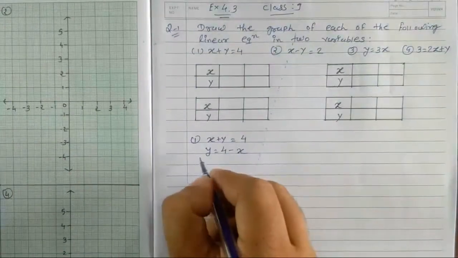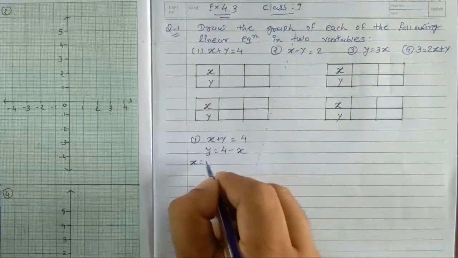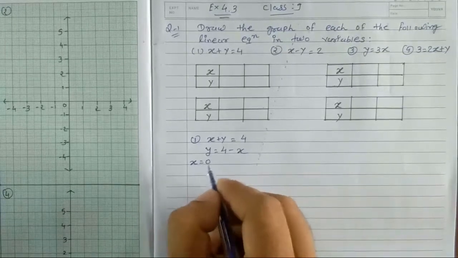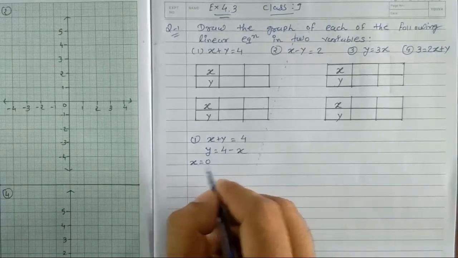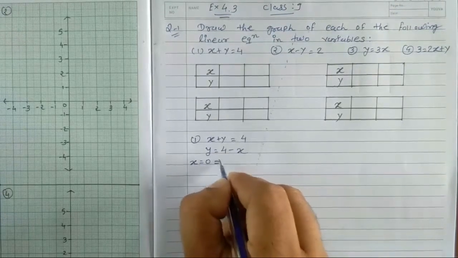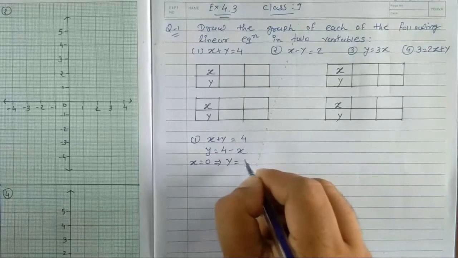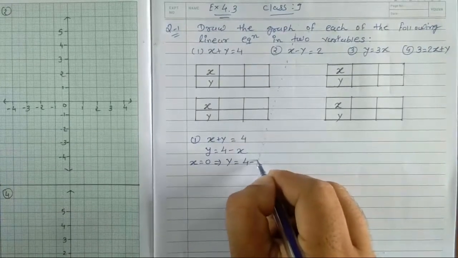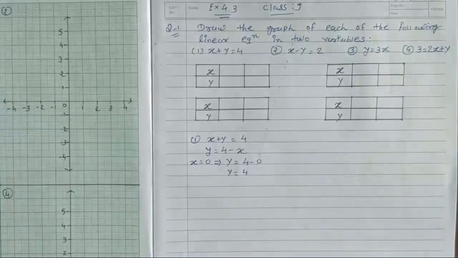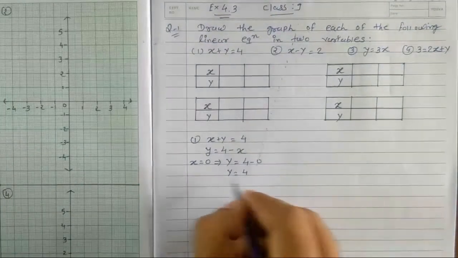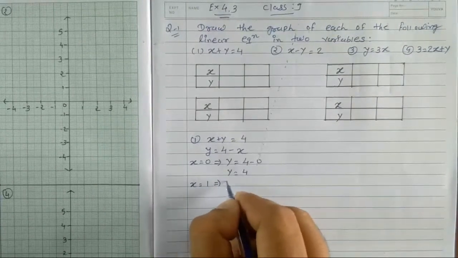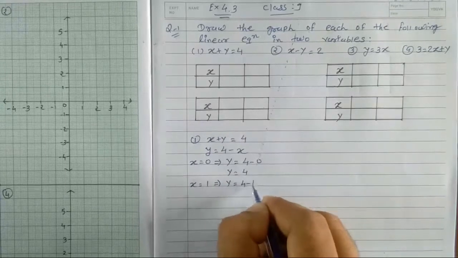That's why, if the value of x is equal to 0, we can take any value of x, from minus infinity to plus infinity. So if x is equal to 0, then y equal to 4 minus 0. That's why y equal to 4. Similarly, if x equal to 1, then y equal to 4 minus 1.